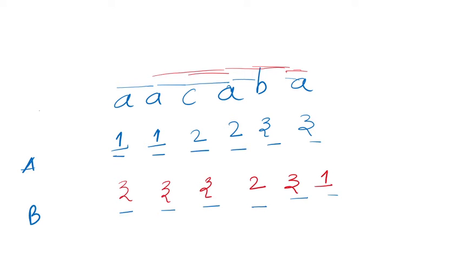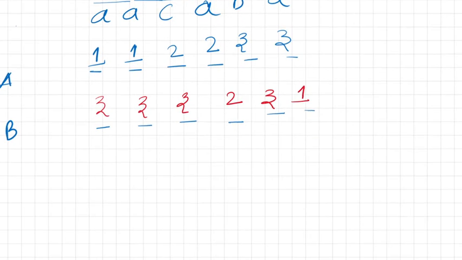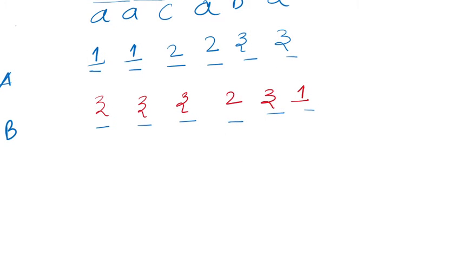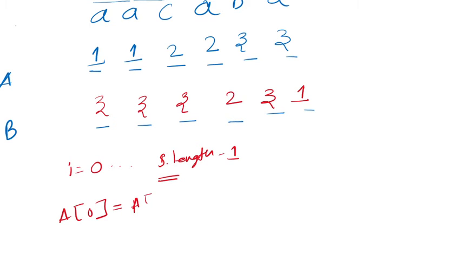So since we have A and B, let us loop from i equal to 0 up to length of S minus 1. If we have to check if A0 is equal to B1, is this the case? No, not a good split.